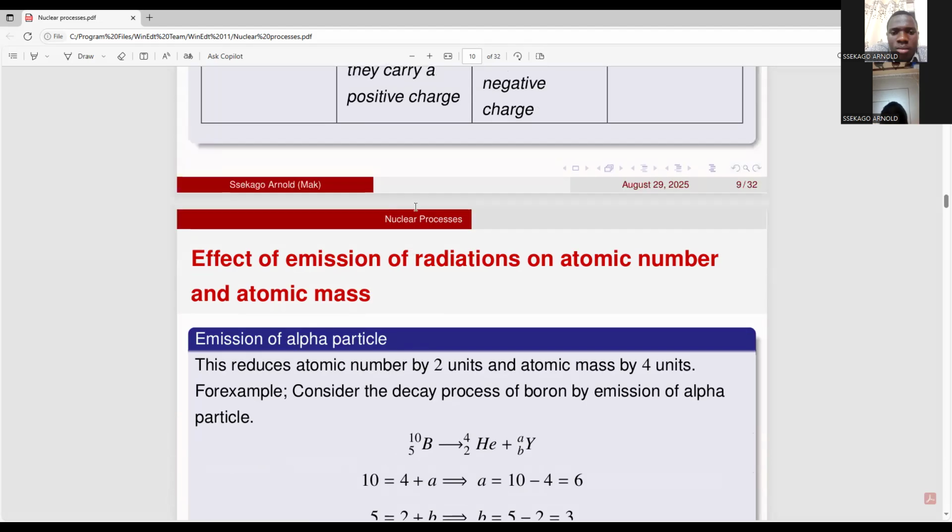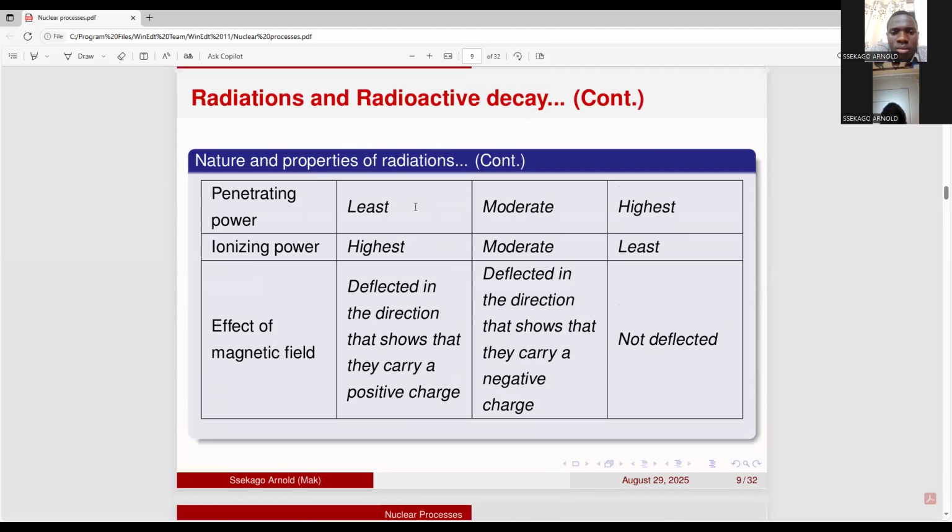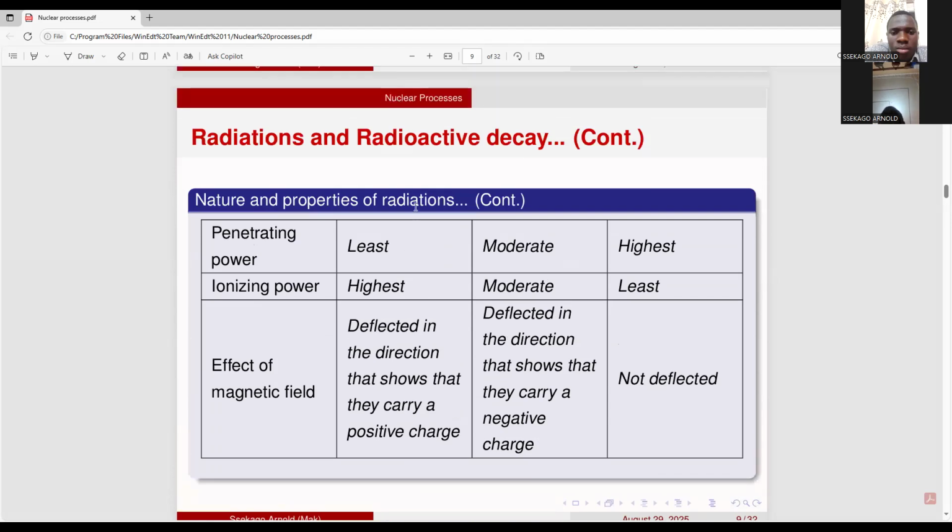So we had stopped on properties of radiations that are emitted during the decay process. Today we are going to continue with something else.